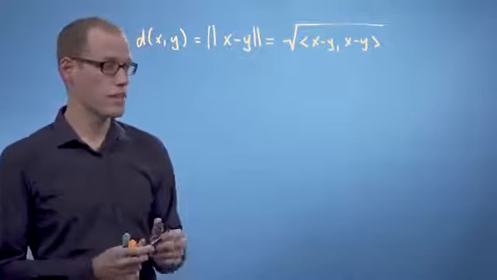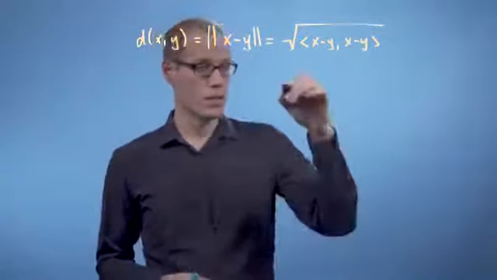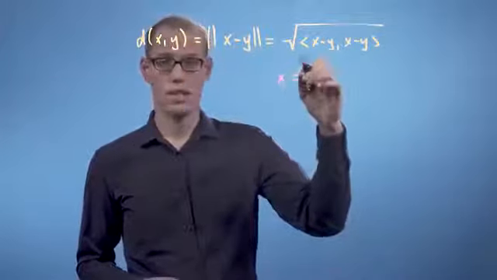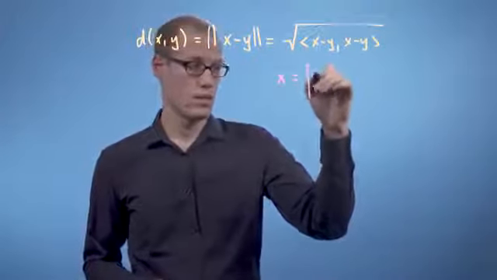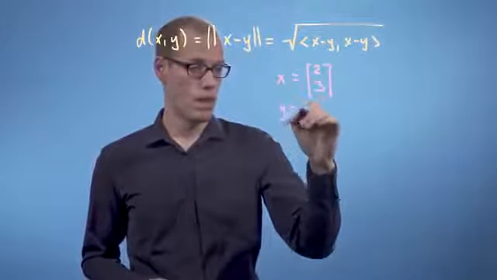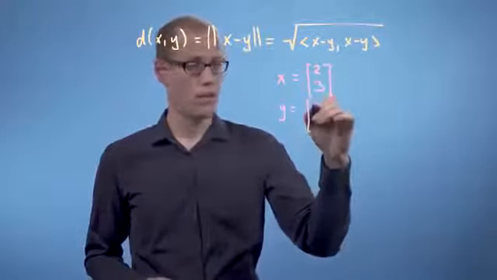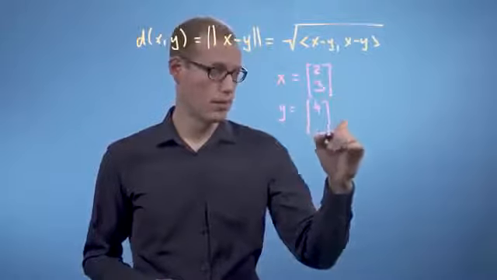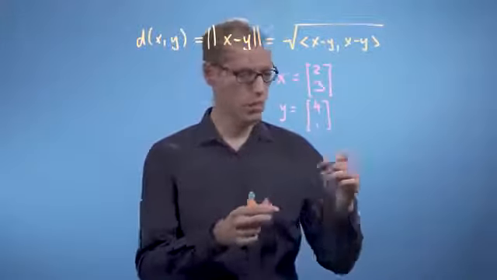Let's have a look at an example. We're going to look at two vectors, x and y. We're going to say x is (2, 3), and y is (4, 1). So let's draw this.